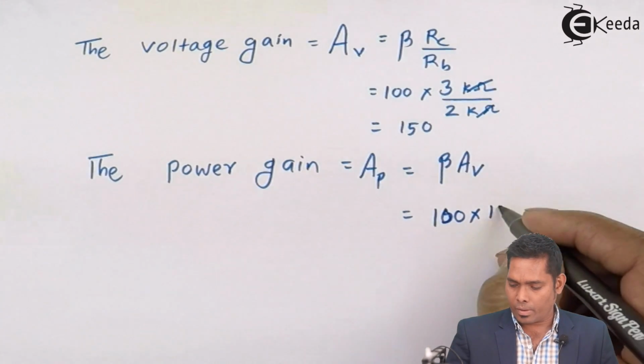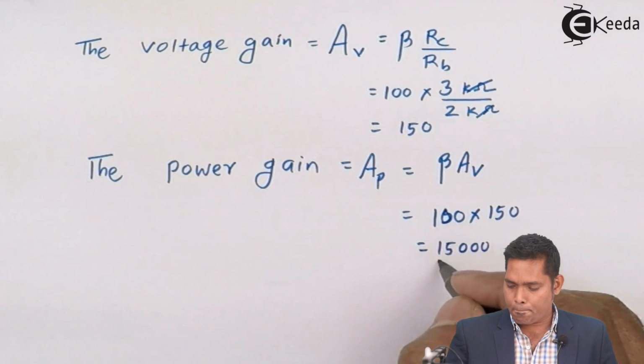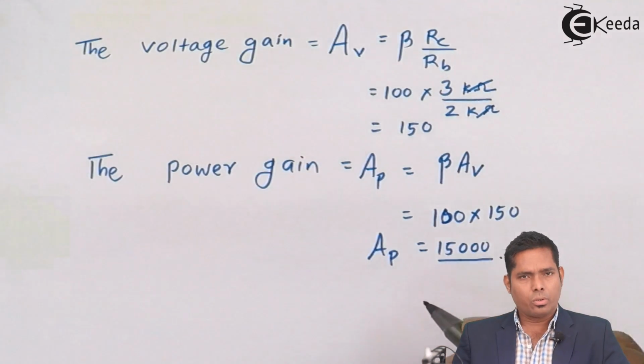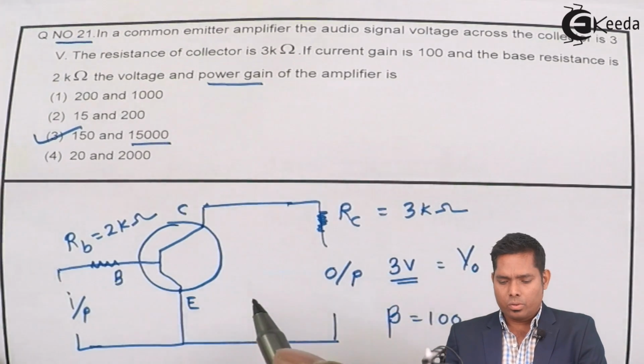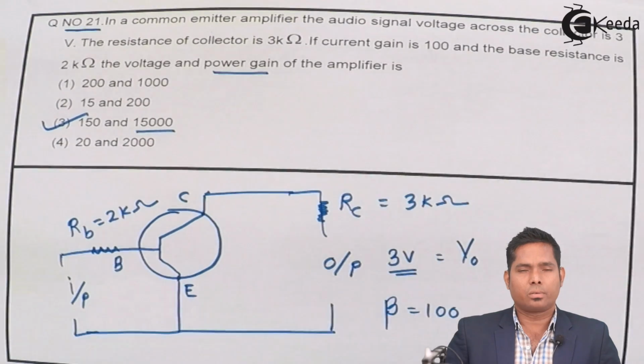I got here 150, so I'll have 15000. This power gain is 15000, which is obviously here, 15000. So therefore this is the correct answer to this question.